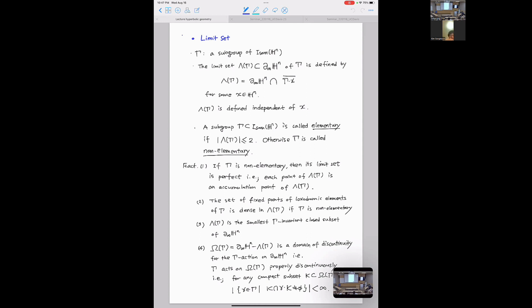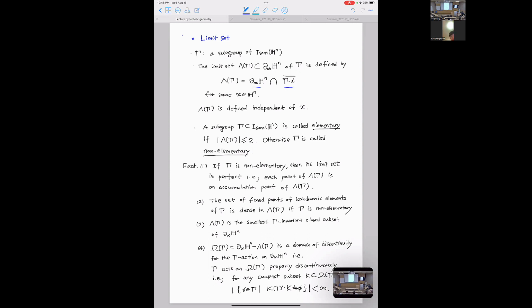The limit set is the intersection of the boundary of H^n and the closure of the gamma orbit. So you have the space of accumulation points on the boundary of the hyperbolic space. That is the limit set of gamma.